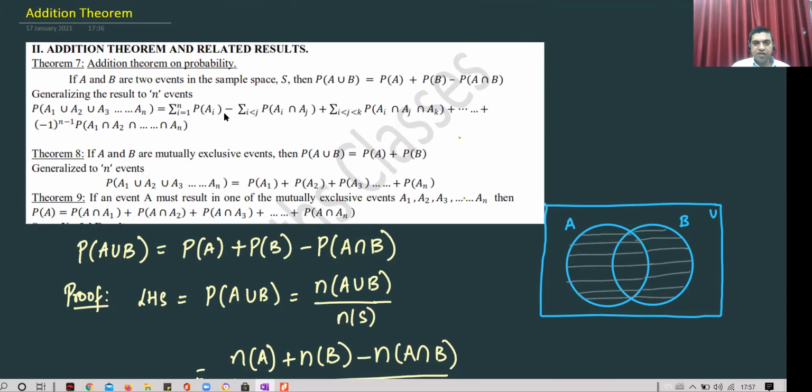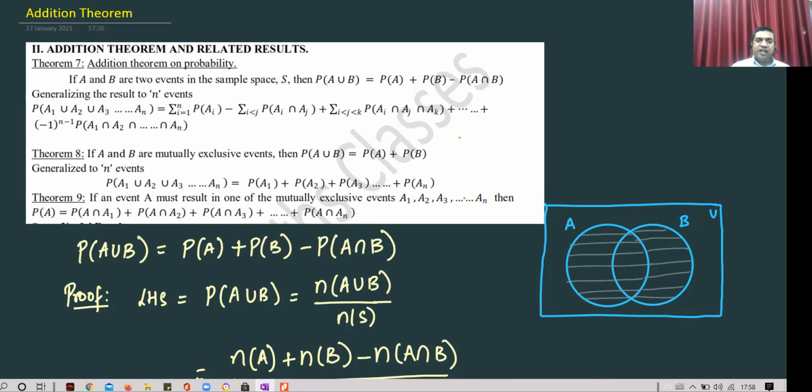This covers the first. Minus sigma i less than j P of Ai intersection Aj. It will cover all the cases, NC2 cases. Then sigma i less than j less than k P of Ai intersection Aj intersection Ak, NC3 terms you will get. Similarly, going on, minus 1 to the power n minus 1, this one. So this is the generalized result on the addition theorem.